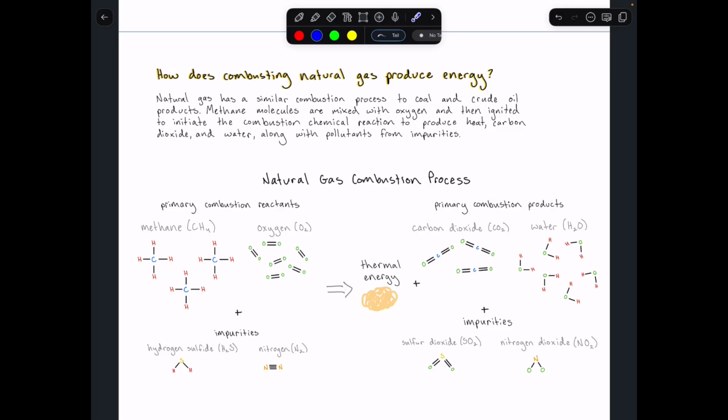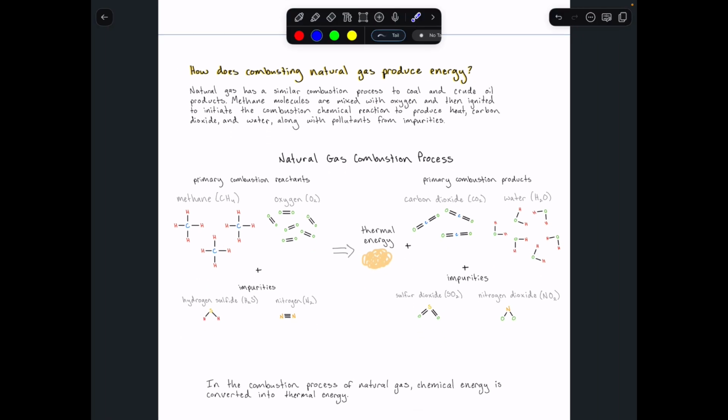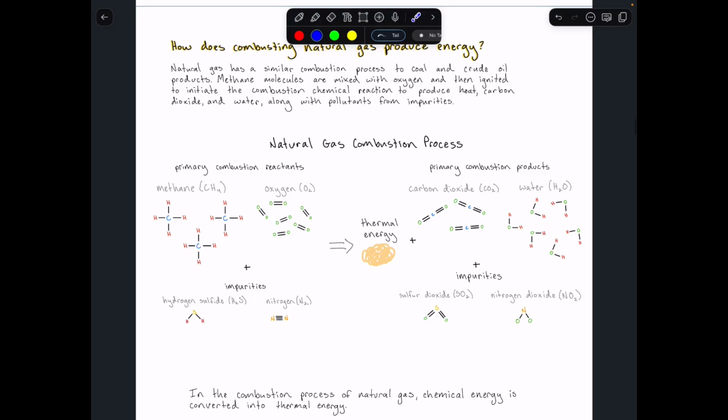One thing to note is that natural gas produces significantly fewer air pollutants than coal. Typically, there's about a 50% reduction in greenhouse gases and more than a 90% reduction in air pollutants when switching from coal to natural gas. So there are some significant benefits there.